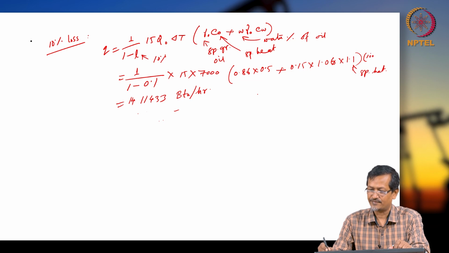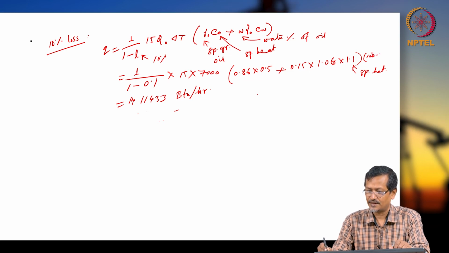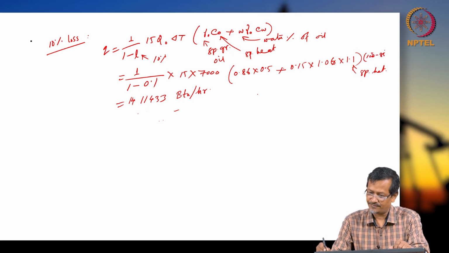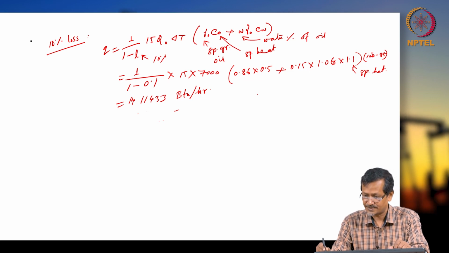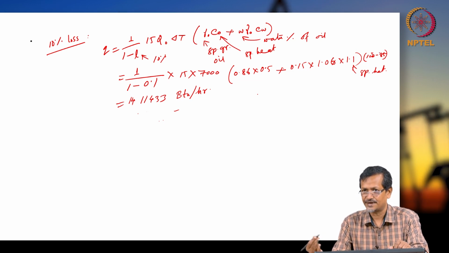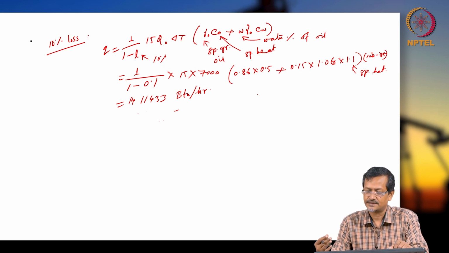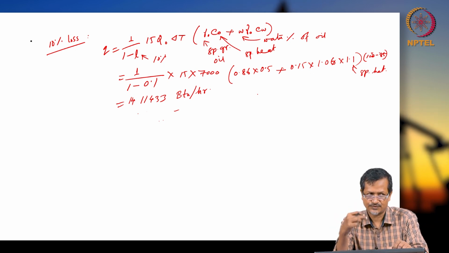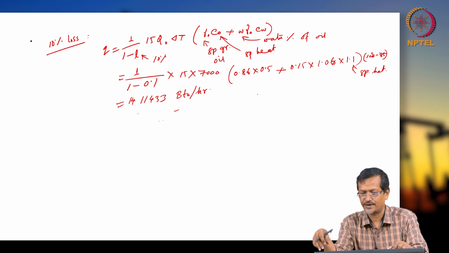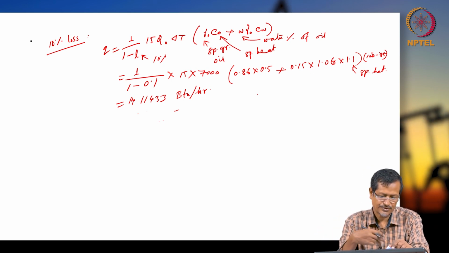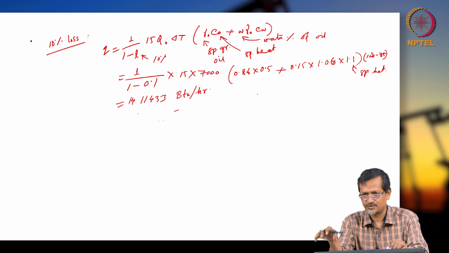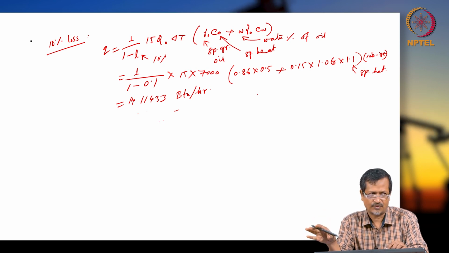We are assuming 105 as your operating temperature and 85 as your inlet fluid temperature. Actually we are assuming this is optimal. So if in a problem I give it, take this one as the inlet flow rate, then you can take it, otherwise there are some procedures to find it. So better you assume that this is your optimal flow rate.